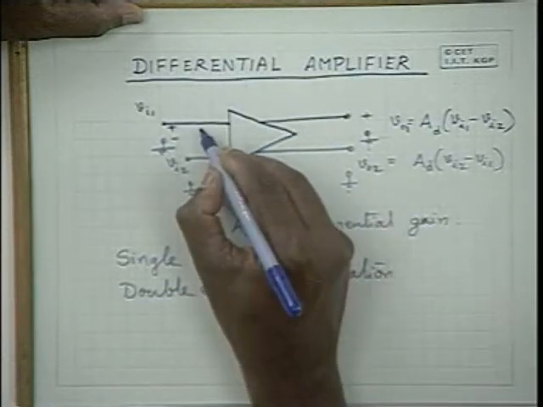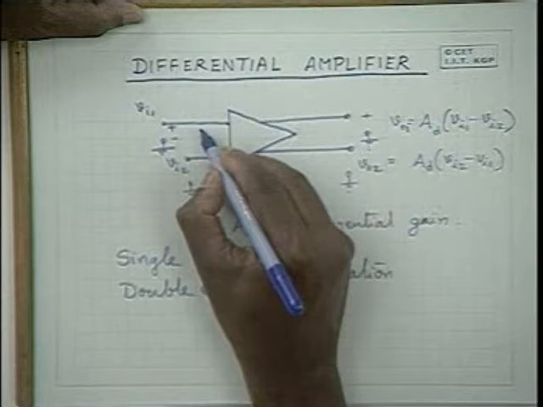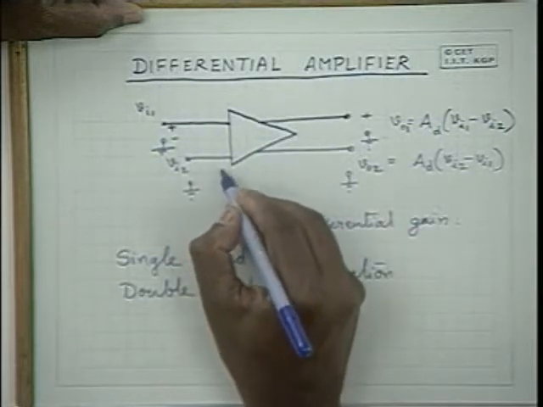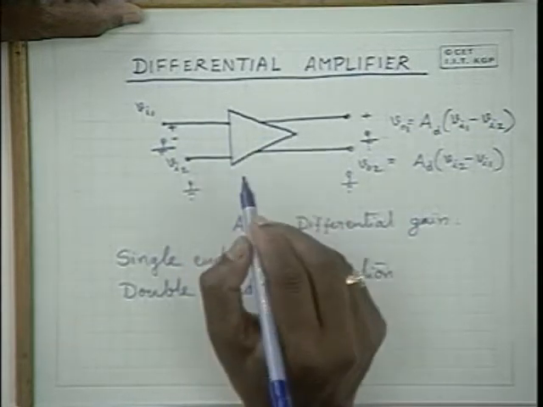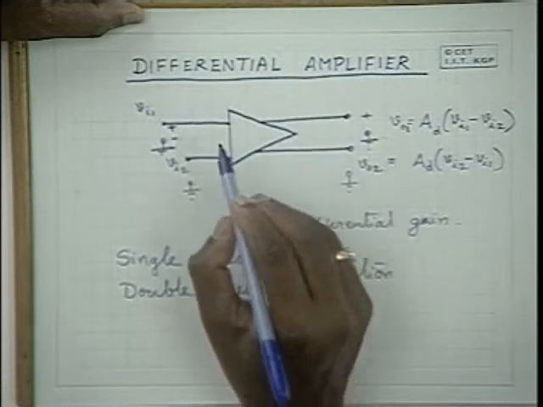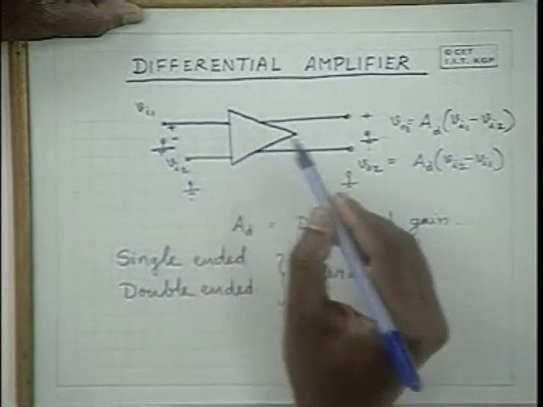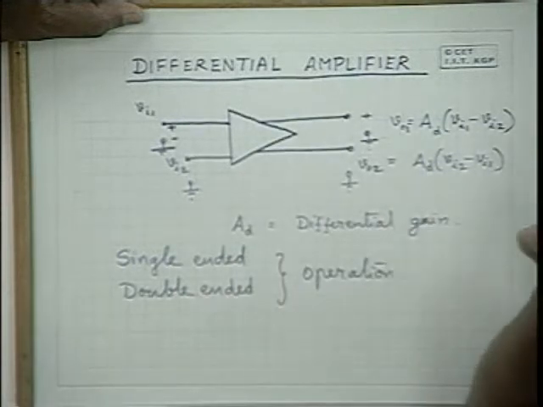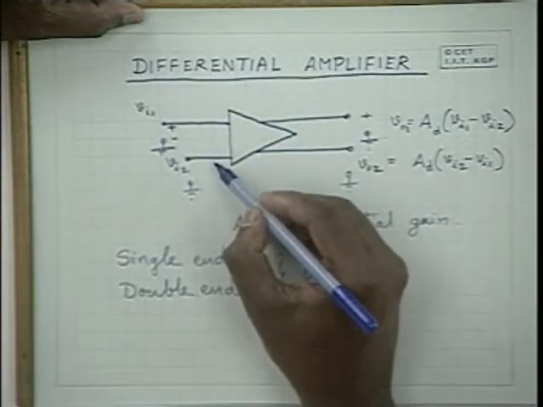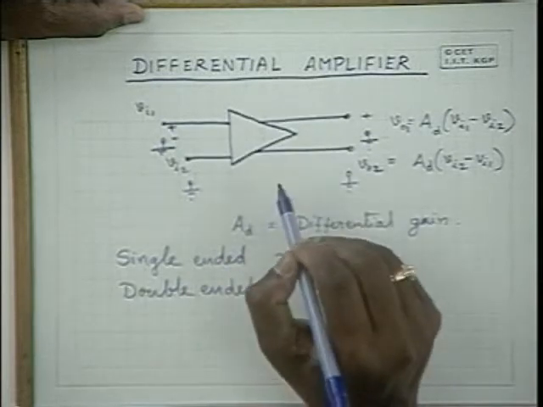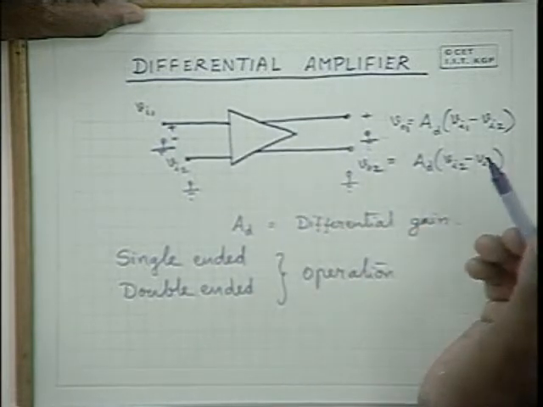Suppose you give a 1 volt signal here and you also give a 1 volt signal here, in the same phase. Then the difference signal is 0 and the output should be 0. You apply 10 volts here and 10 volts here, still the difference signal is 0, and the output should be 0.